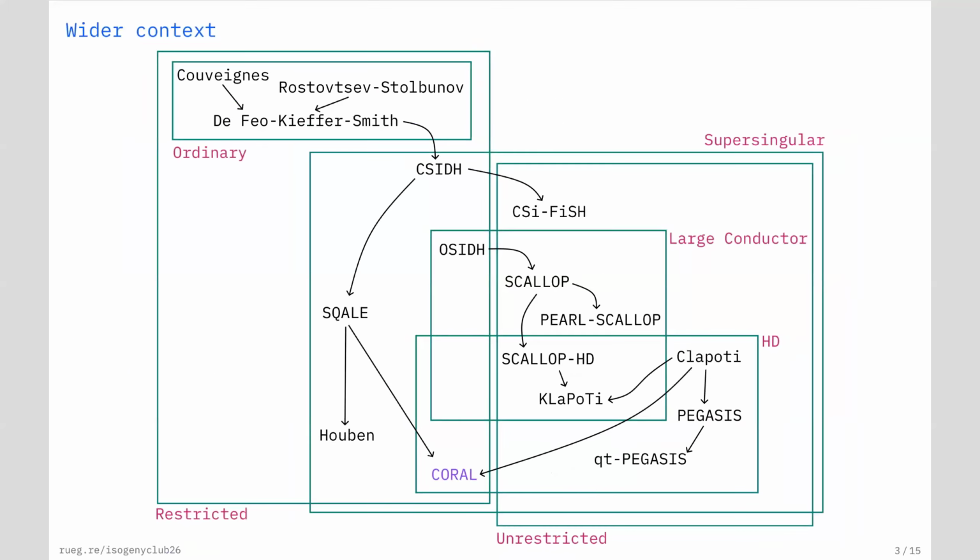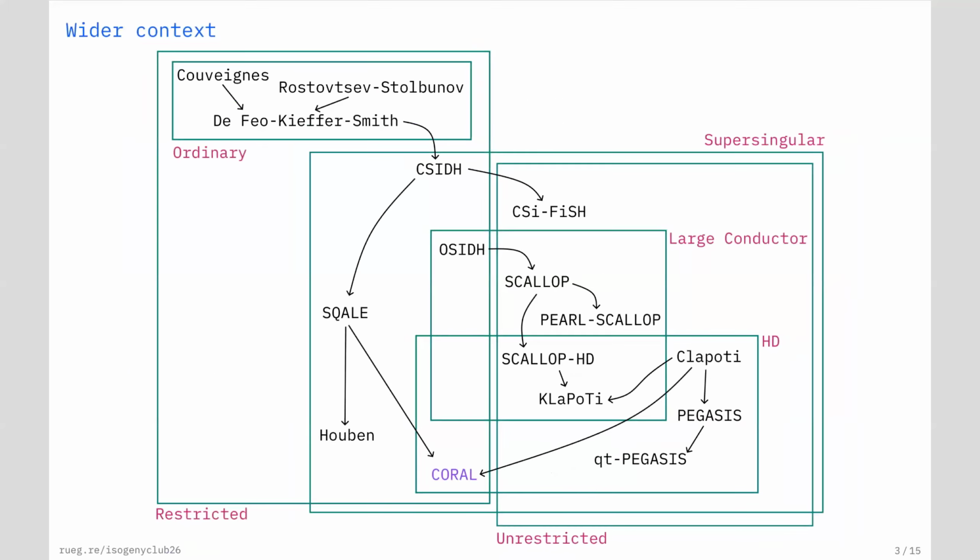We see that, for example, Clapoti was inspired by Clapoti, which alternatively inspired PEGASIS and QT-PEGASIS. And perhaps there's an arrow missing here between Clapoti with a K and Coral because of the previous slide. But we see that Coral is inspired by the original Clapoti construction and a cryptanalytic insight from SCALE that we'll talk about later.